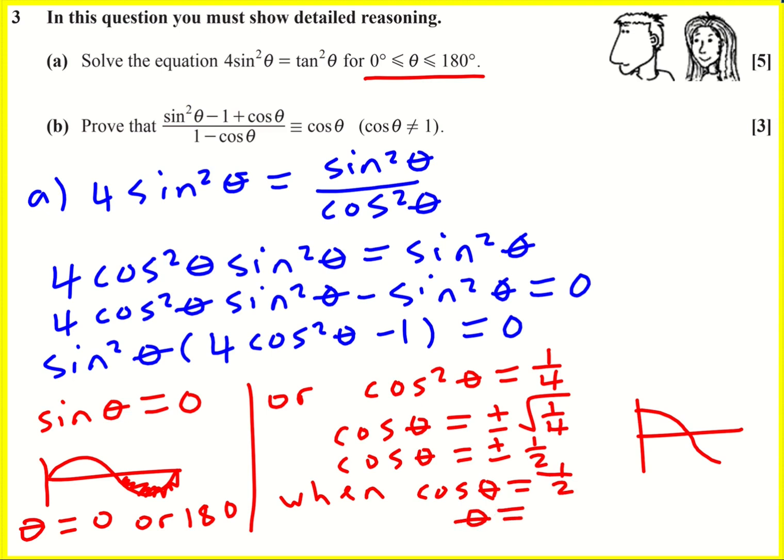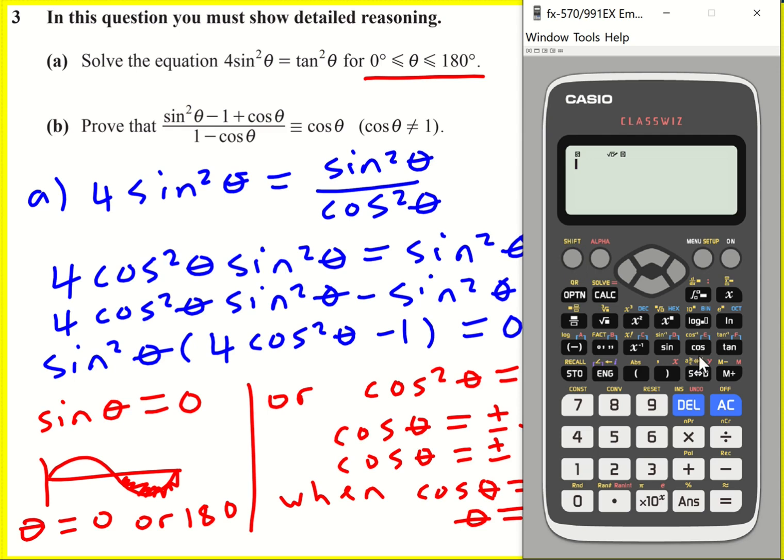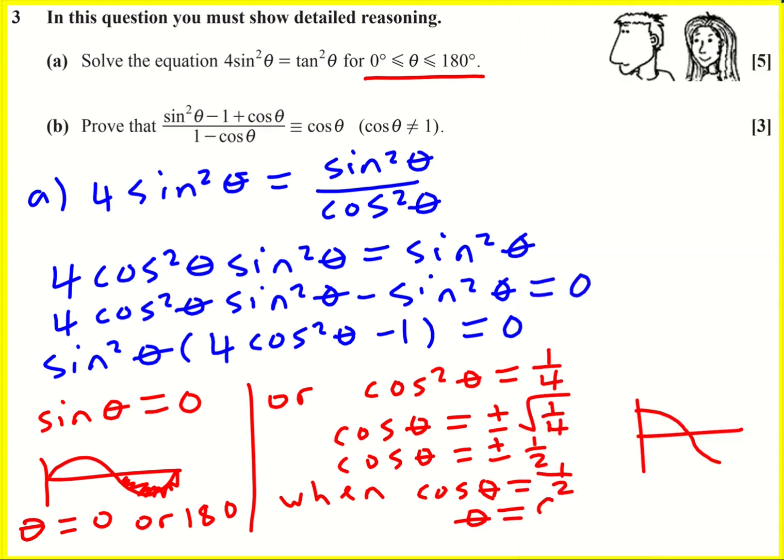And I think, what is it that gives us a half? I think it's 60 degrees, but we can do inverse cos of a half, just to check. I can do it for minus a half as well.